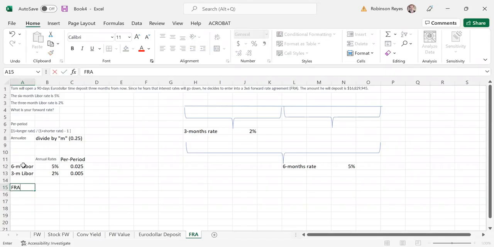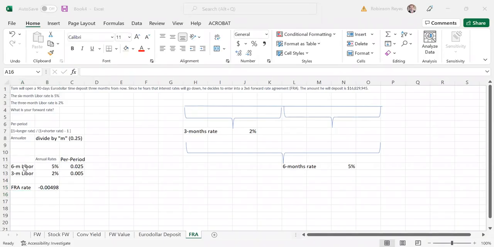Now we want to find the FRA rate. And this rate will be 1 plus the longer rate, but we will use the per period rate, divided by 1 plus the shorter rate, also using the per period rate, and then minus 1. Basically, that is the same formula that is given in Canvas, right?